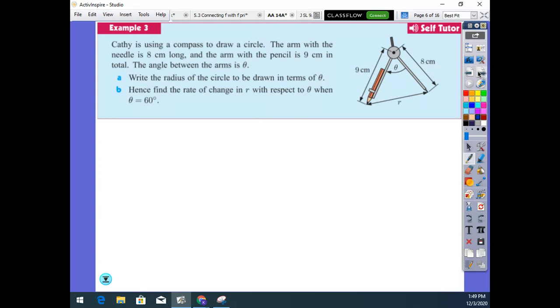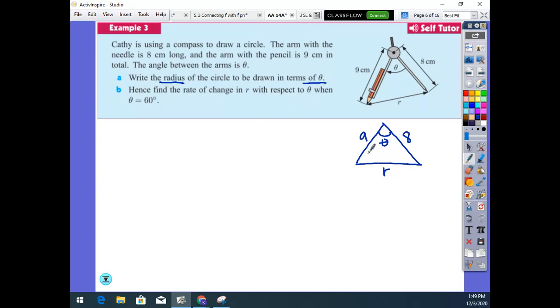All right, so if we have this picture here, remember drawing with a compass ever in geometry? What I'm going to do though, I'm going to draw this out. This is just a triangle where this is 9, this is 8, this is theta, and we want to figure out r. Write the radius in terms of theta.